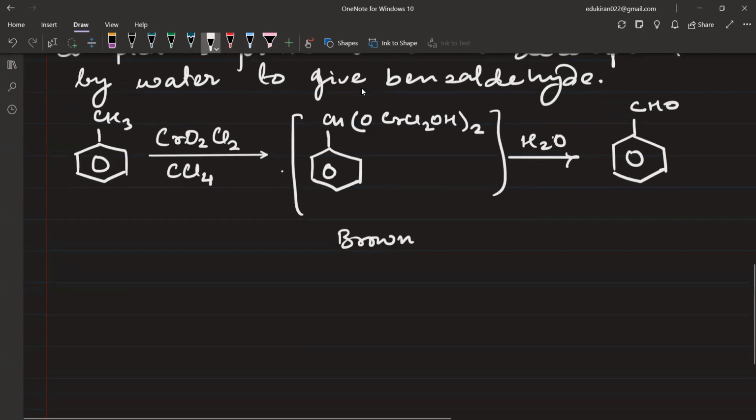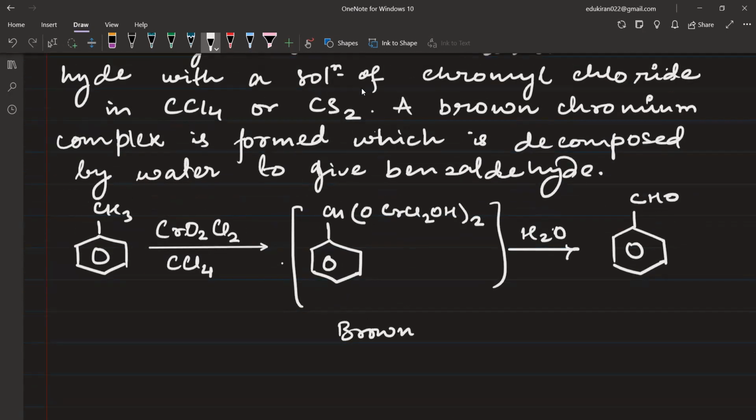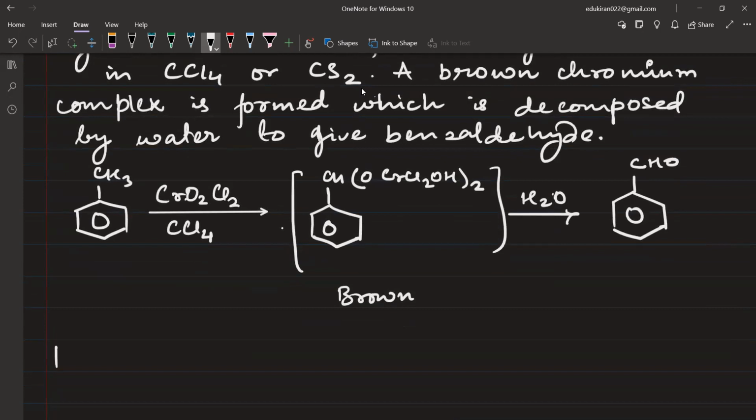Also, it does not matter what the chain length is, even if you have a bigger alkyl group attached to the benzene ring, for example CH2CH3. In this case also, you don't need to worry. This can also be converted to benzaldehyde.